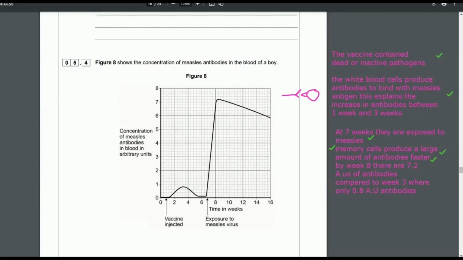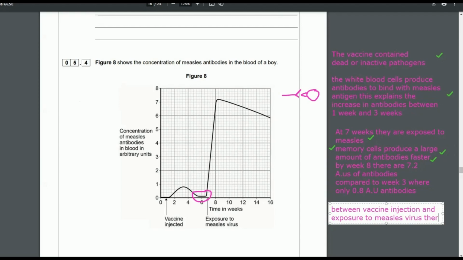What I didn't mention in the graph that is also worth mentioning is, look here, it never falls back to 0 again. After the vaccine, some antibodies were left in their blood. So I should have said, which I'm going to write now, between vaccine injection and exposure to measles virus, there are always antibodies in the blood. So before the person was vaccinated, they had no antibodies.